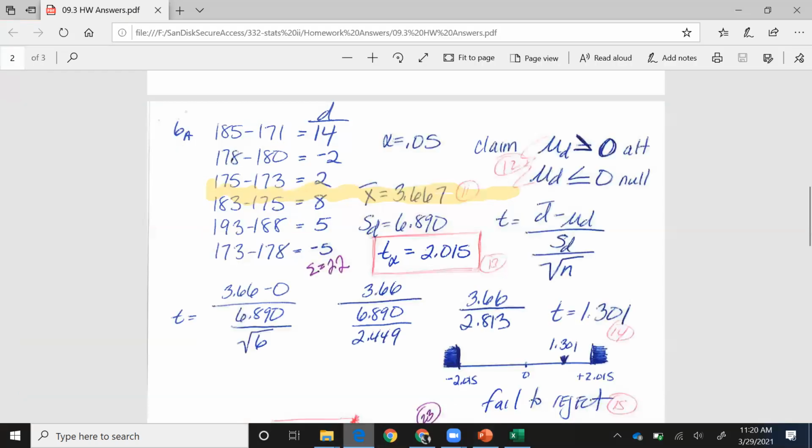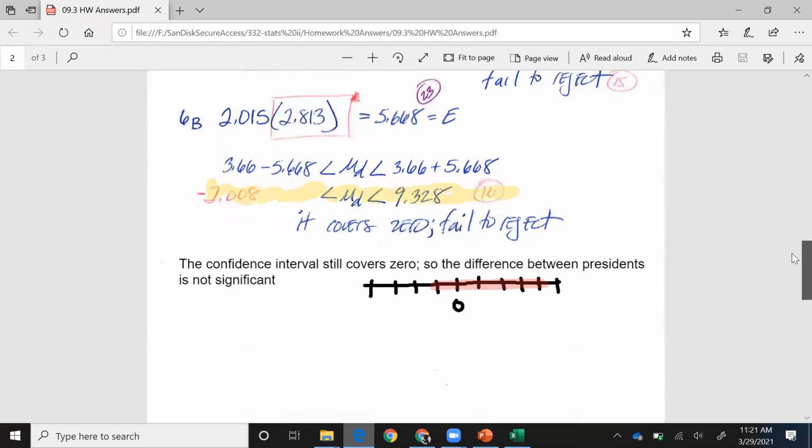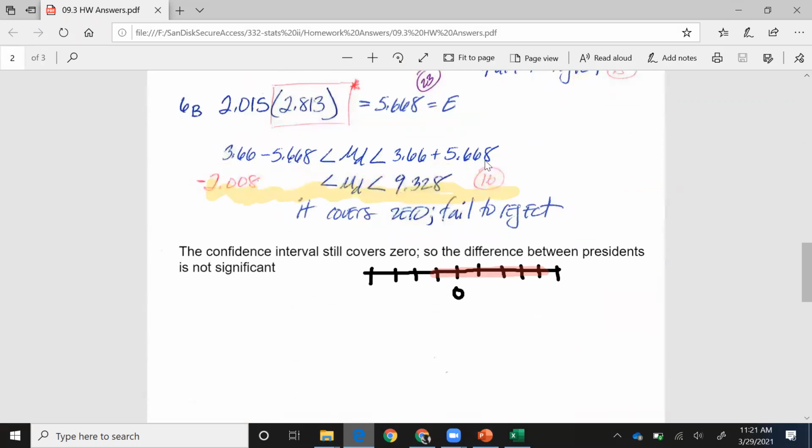I am going to go back here and show it. Now, in order to solve for E, I'm going to put some notations on this homework. This right here, you might remember this value. This is our T critical, like a T alpha. Now, 2.831.